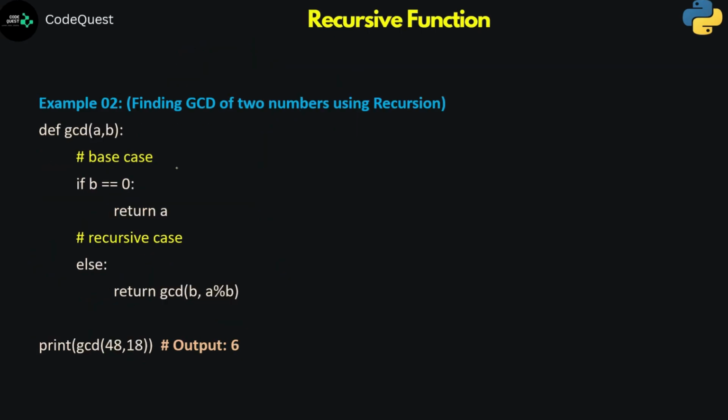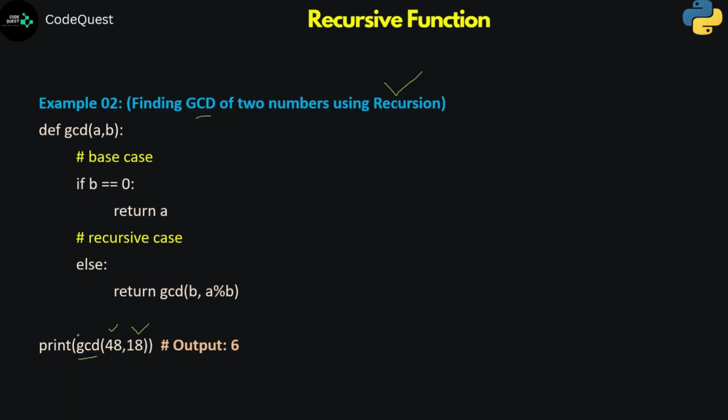So let's see one more example of recursion. Here we are trying to find out the GCD of two numbers using recursion. So here we have called this GCD function by passing two values, that is 48 and 18.